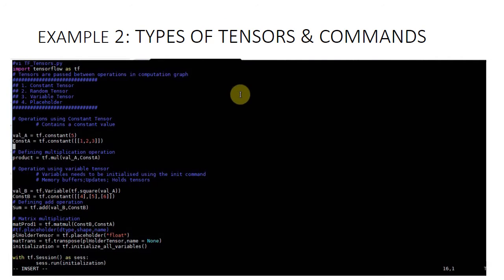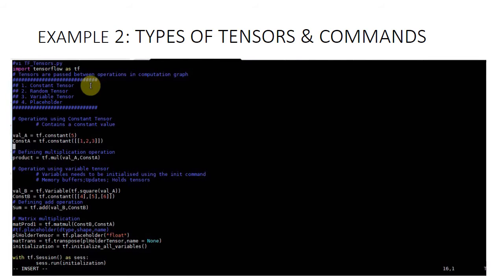Example 2. The objective of this example is to familiarize you with the different types of tensors that can be used in TensorFlow. These are the different types of tensors that we have here: constant tensor, random tensor, variable tensor, and placeholder tensor. A constant tensor deals with constant values.